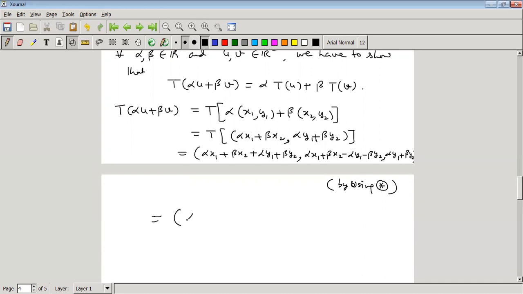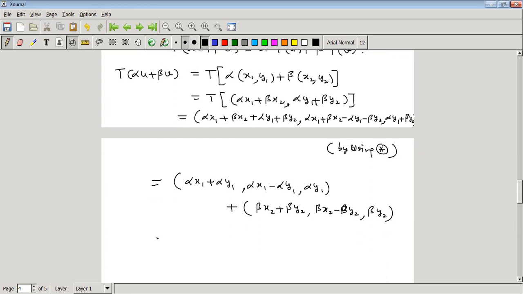So alpha, we can write alpha x1 plus alpha y1, comma alpha x1 minus alpha y1, comma alpha y1, and then plus beta x2 plus beta y2, comma beta x2 minus beta y2, comma beta y2.